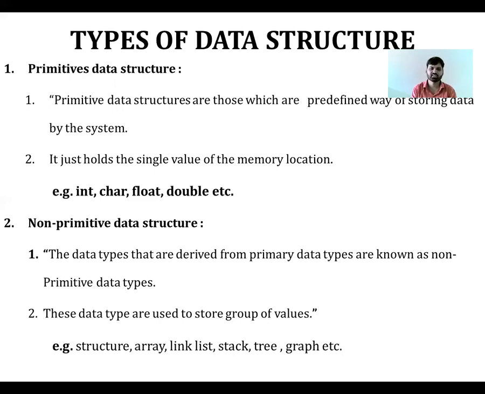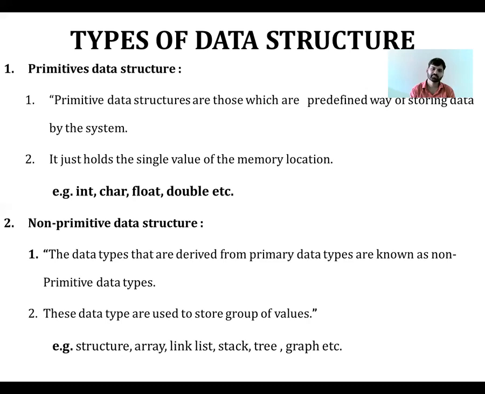They hold just a single value in a memory location, such as integer, character, float, double, etc. Non-primitive data types are derived from primary data types, meaning integer, character, float. These are used to store a group of values, as in structure, array, and linked list.